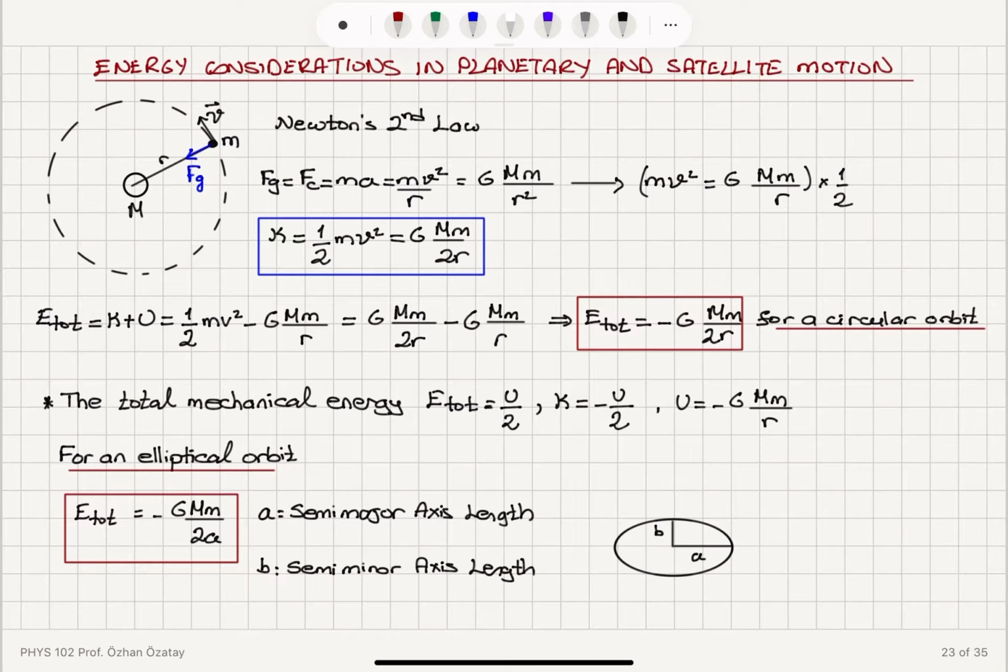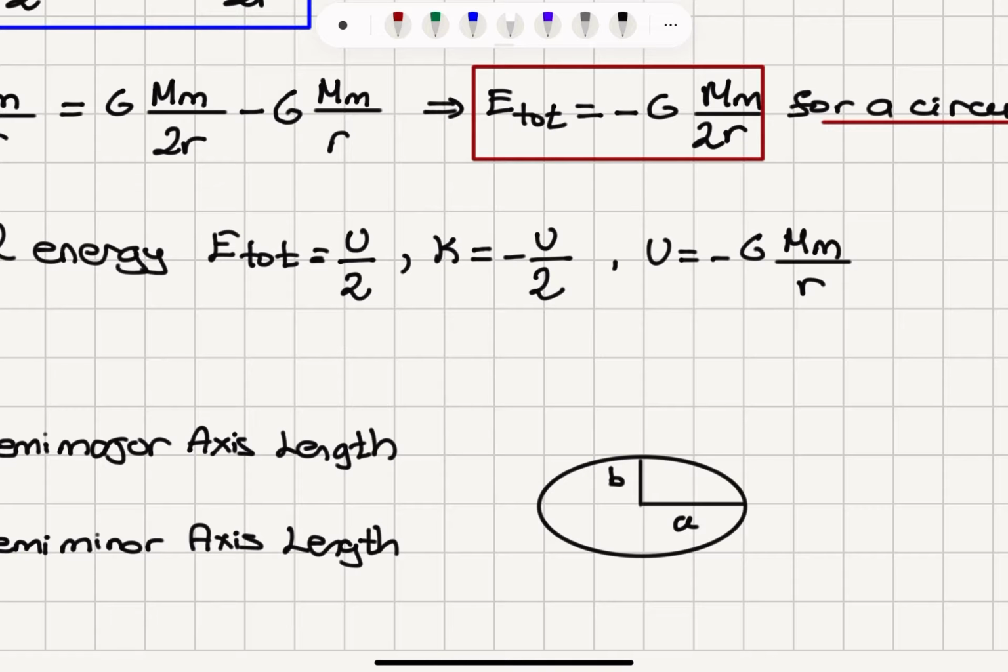So what is the semi-major axis length? If you have this elliptical orbit here, the semi-major axis length is half the length of the longer axis, and the semi-minor axis length is half the length of the shorter axis. Actually, the total minor axis length is 2b, and the total major axis length would be 2a.